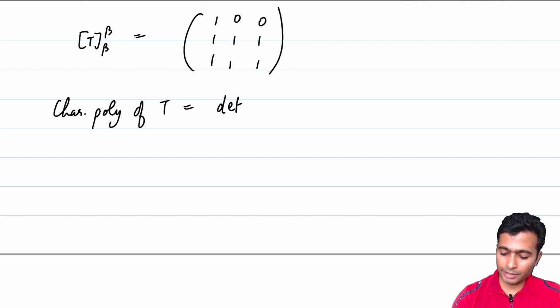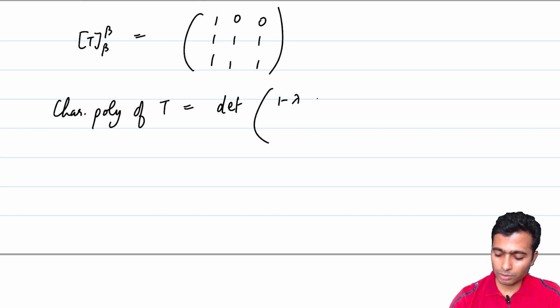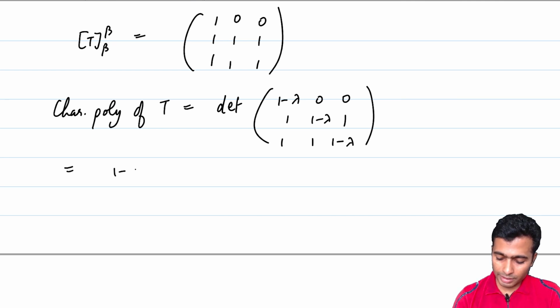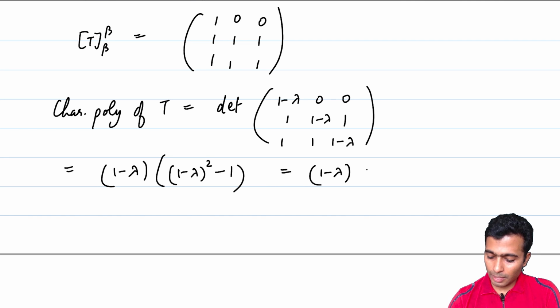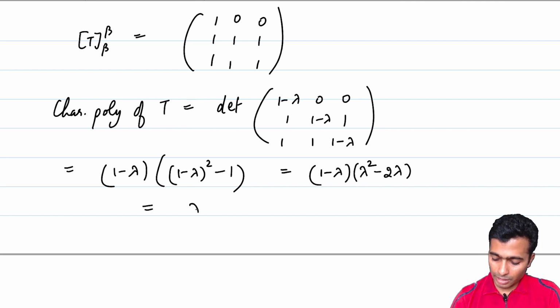This will be the determinant of 1 minus lambda, 0, 0; 1, 1 minus lambda, 1; 1, 1, 1 minus lambda, which is equal to 1 minus lambda times (1 minus lambda) the whole square minus 1, which is equal to 1 minus lambda times lambda square plus 2 lambda plus 1 minus 1, which is lambda square minus 2 lambda, which is equal to lambda times 1 minus lambda times lambda minus 2.